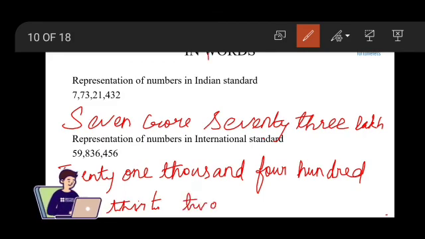This is how we will be representing the given number in words.